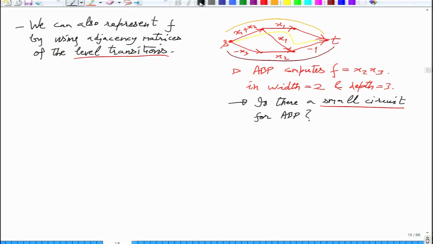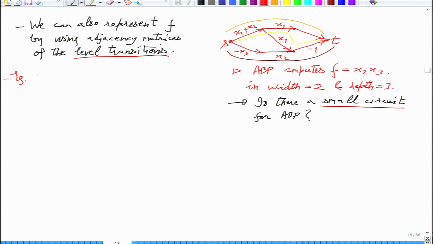From level i to i plus 1, look at this as a bipartite graph. There is an adjacency matrix. So for each level there is an adjacency matrix, and what is the operation on these adjacency matrices that could correspond to the ABP computation? Can you guess it? It is matrix multiplication.